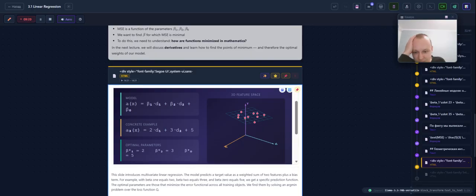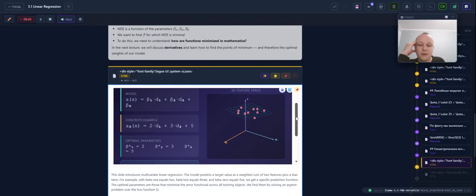We have our bias, our beta 0, 5. Because of that, our model is higher than the ground. Our plane is higher than the ground. And in that particular point, we are adjusting slope beta 1 and 2 to find the best possible fit.